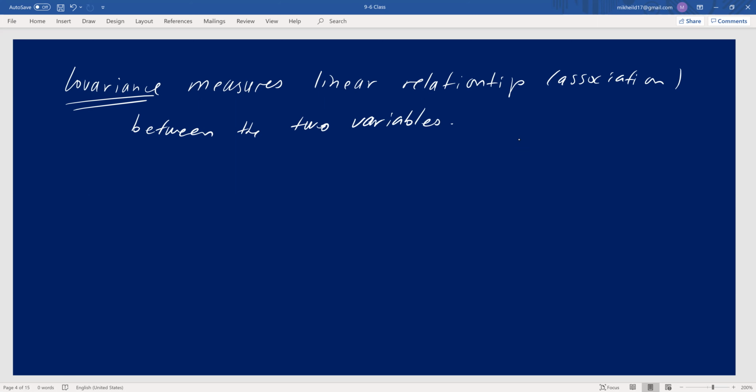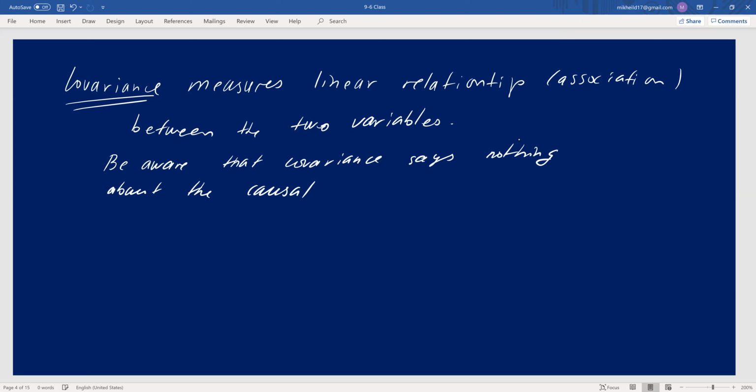But be aware that covariance says nothing about the causal relationship. This will be covered throughout the course.